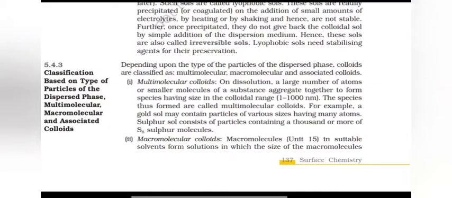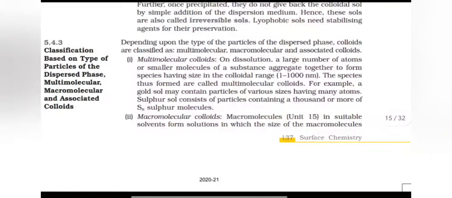Classification based on type of particles of the dispersed phase: multimolecular, macromolecular, and associated colloids. Depending upon the type of particles of the dispersed phase, colloids are classified as multimolecular, macromolecular, and associated colloids. Multimolecular colloids.